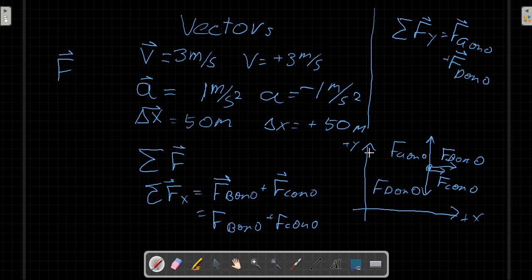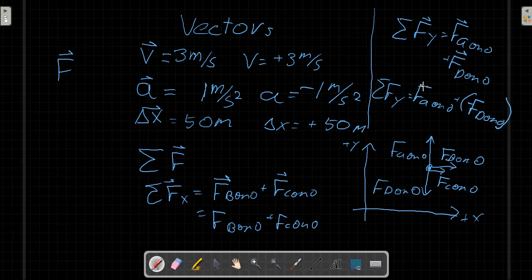But then we look at our axis and see, well, force A on O is pointed up, and force D on O is pointed down, so force D is negative, force A is positive. So now the sum of the forces in the y direction is equal to positive force A on O plus negative force D on O.